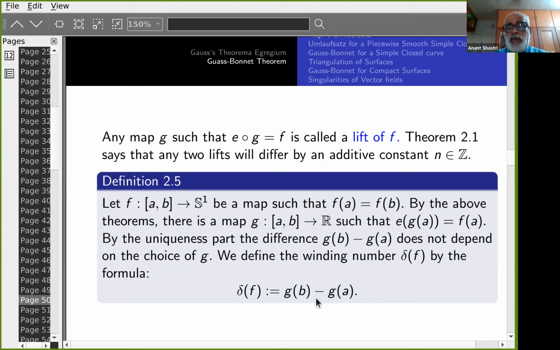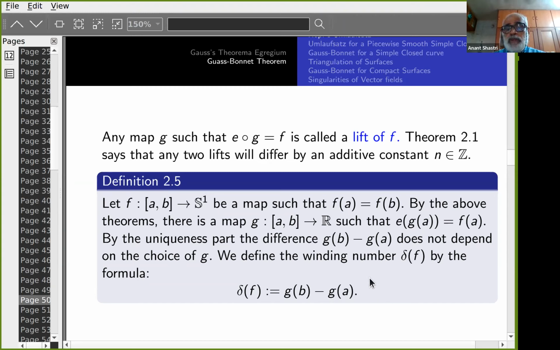When two points have the same image, e of x equal to e of y means y minus x is an integer. That is a property of e I have used again. So this is a number.